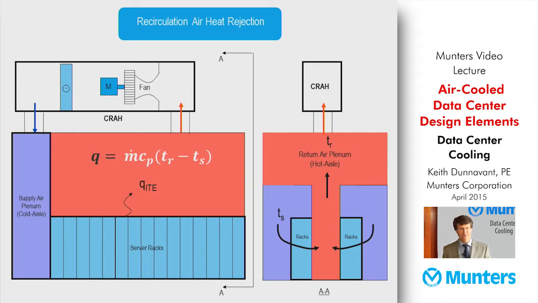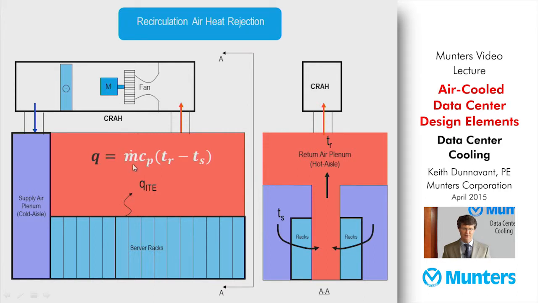The overall heat may include some lighting and skin loads and electrical equipment. So you want to define your overall heat, your overall room load. Once you know that, you can use the very common equation: mass flow times the specific heat of the air times the temperature difference of the air, the return minus the supply.